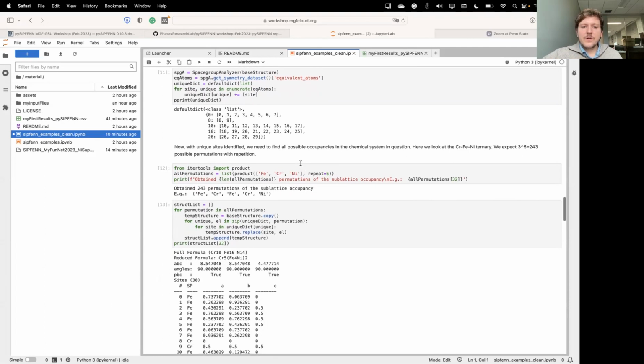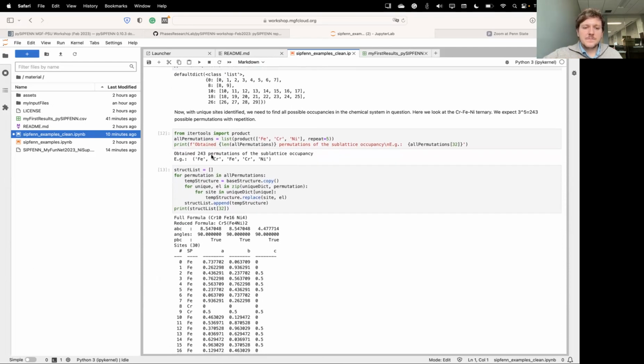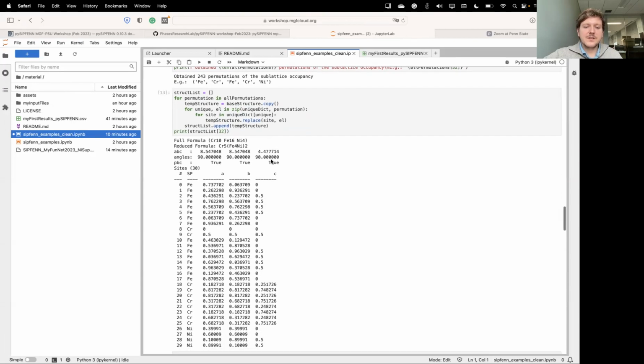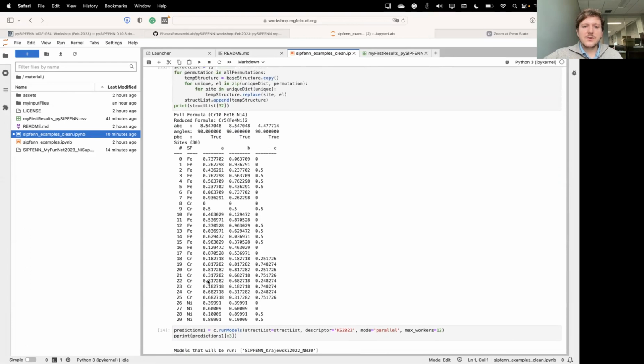And when we were creating all of these possible occupations of end members, we are placing a specific element at each of these sites. So iron, chromium, nickel, and based on that, we were creating the actual atomic configuration, which was run through PySIPFENN. So this string of 5 elements corresponds to this occupancy configuration.